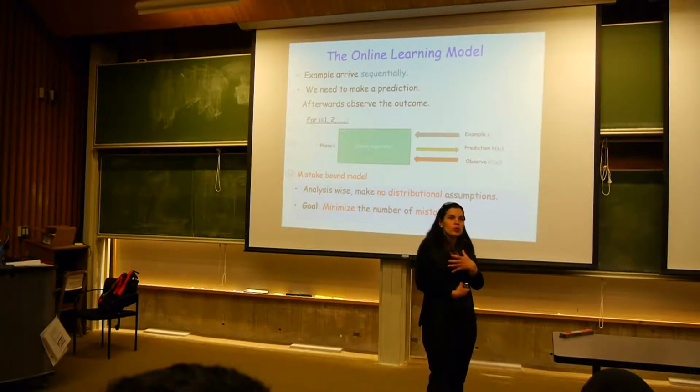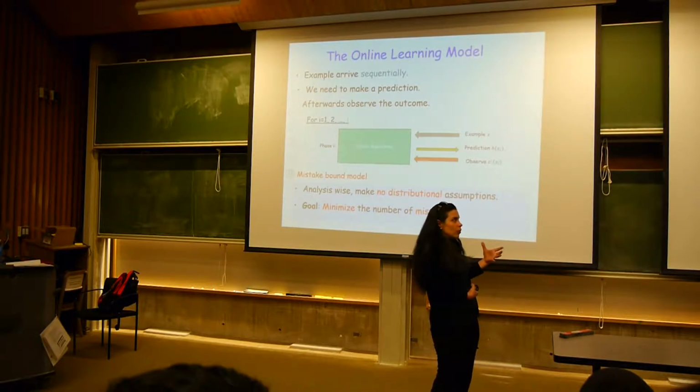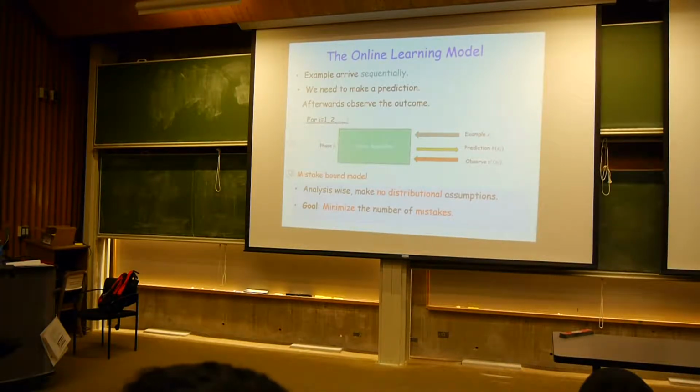Now we cannot guarantee some sort of absolute error, because the data doesn't come from a distribution, but our goal is to minimize the number of mistakes. And in order to have any hope to do anything interesting, we'll also assume that the target function comes from some fixed class of functions. If the target function can be anything, then there is no way to minimize the number of mistakes.